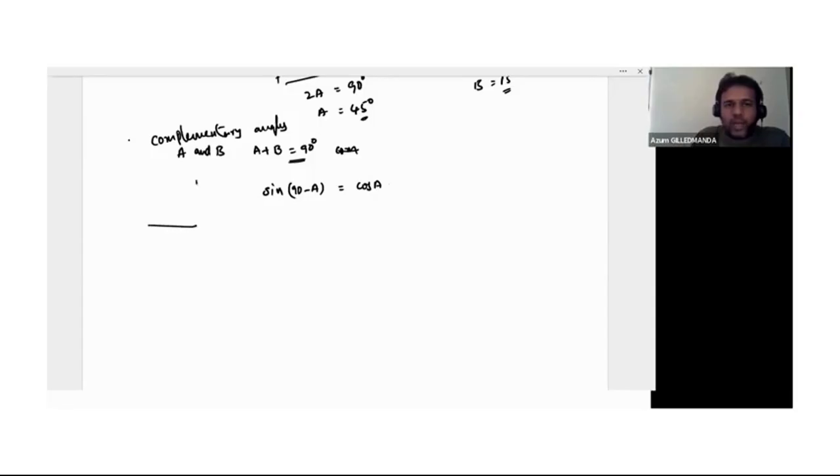Let's draw a right angle triangle. So this is the right angle triangle. Right angle at B, and this is A, and this is C. Now, what is this angle?